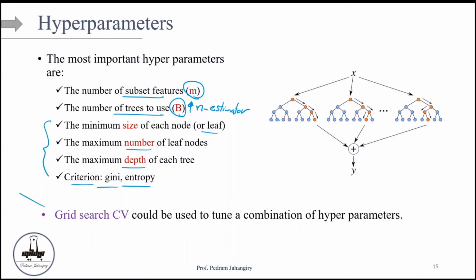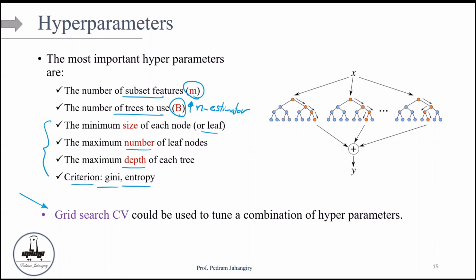Then we can use grid search cross-validation. We have seen this before in our SVM algorithm. So we can use grid search cross-validation to tune the hyperparameters and pick up the best model. The good thing about grid search is that we can get a better model by starting from some random values for the features.